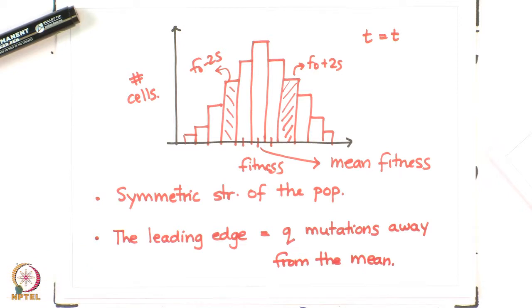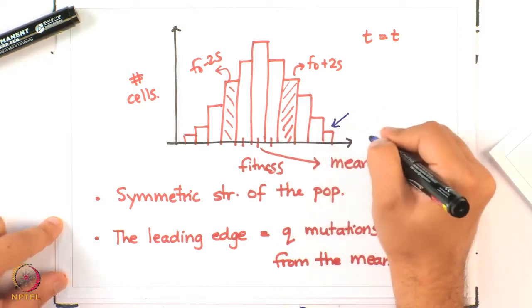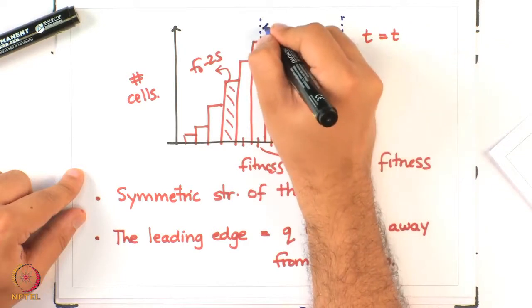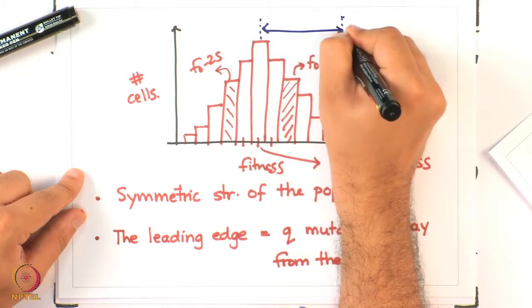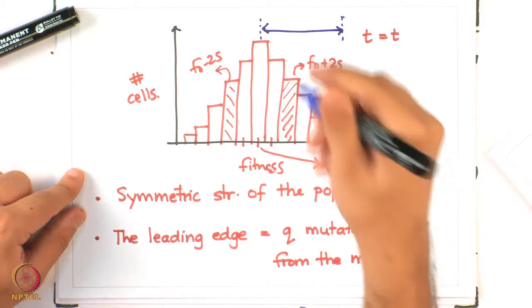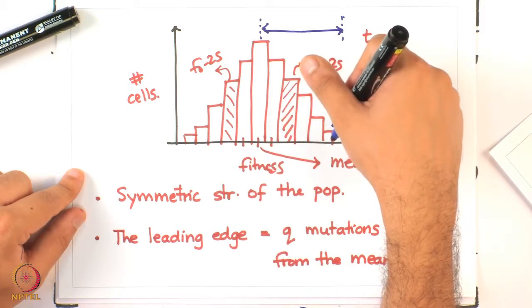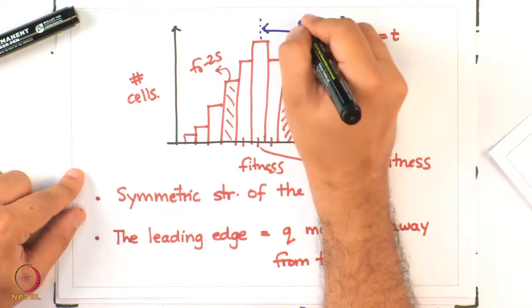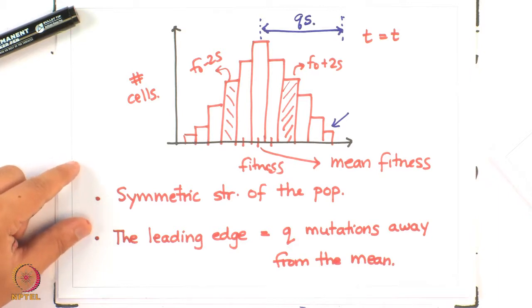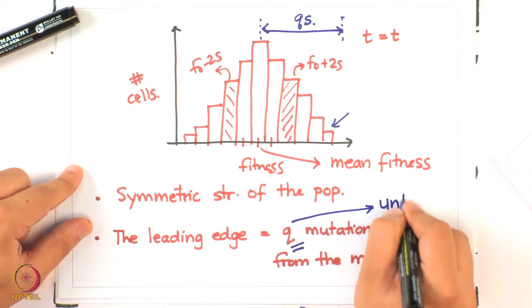What that means is that this particular genotype, which is the leading edge, is at this particular time q mutations away from the mean. That means in fitness terms, each of these q mutations confers a fitness change of magnitude s. So, the fitness change between the fittest individual at the leading edge and the mean fitness is equal to q times s.